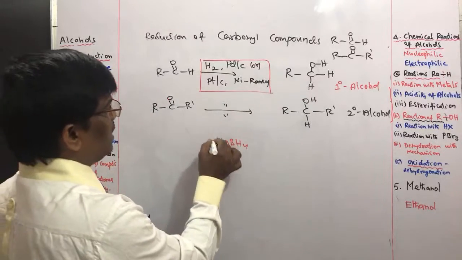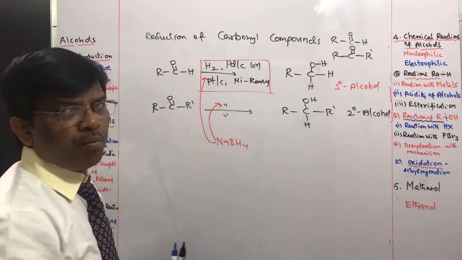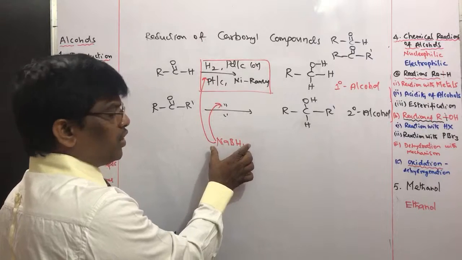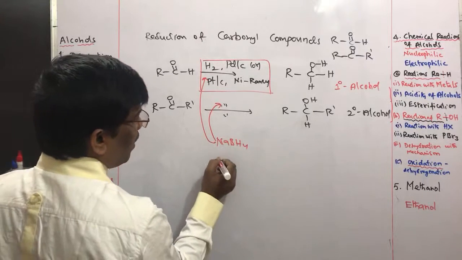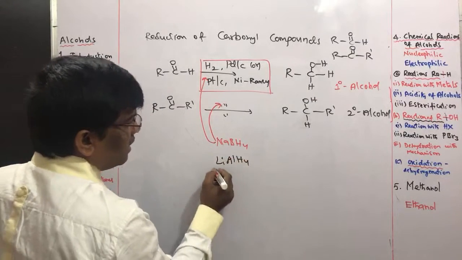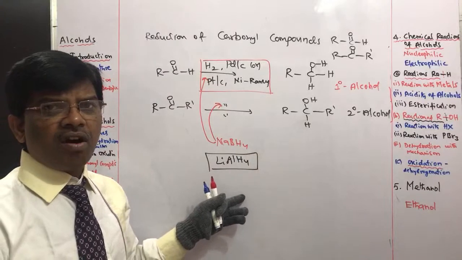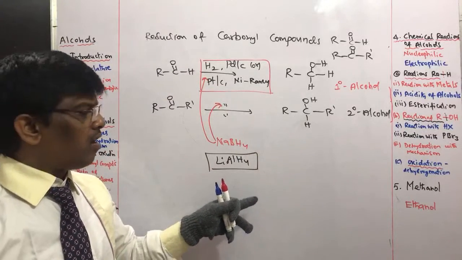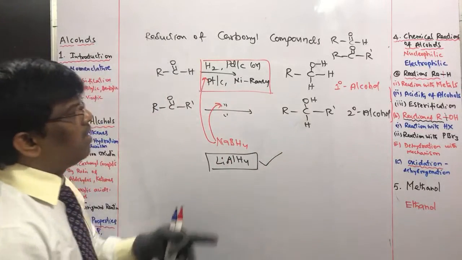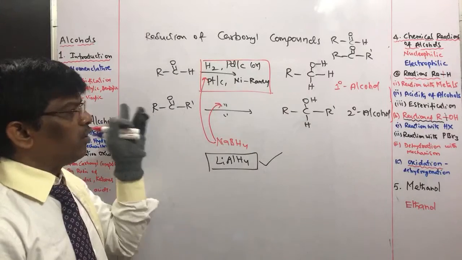So in this case you can use sodium borohydride, and in this case also you can use sodium borohydride, and it is economically cheap also. Then this is lithium aluminum hydride. This is a versatile reagent which reduces many types of other compounds also. However, you can use lithium aluminum hydride for the reduction of carbonyl compounds, that is aldehydes and ketones.